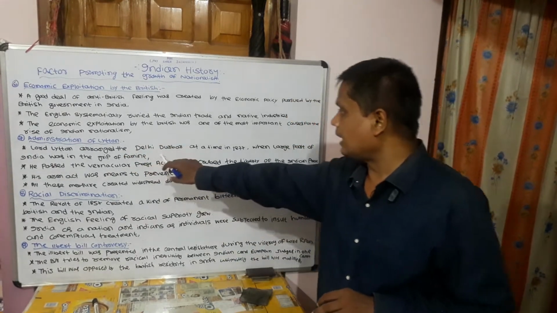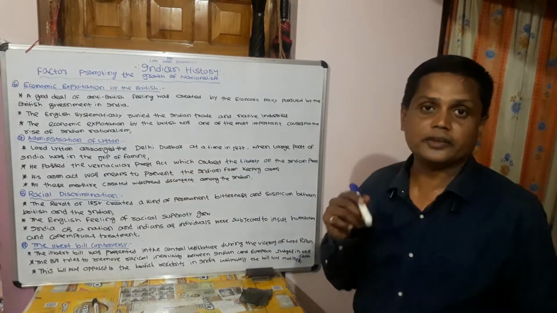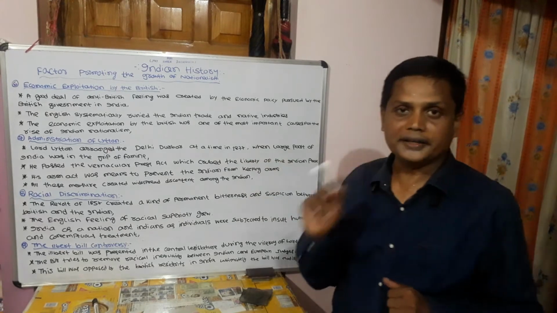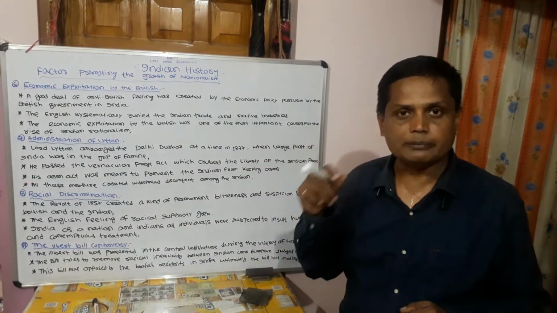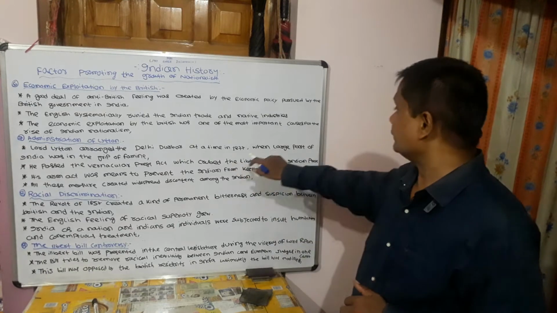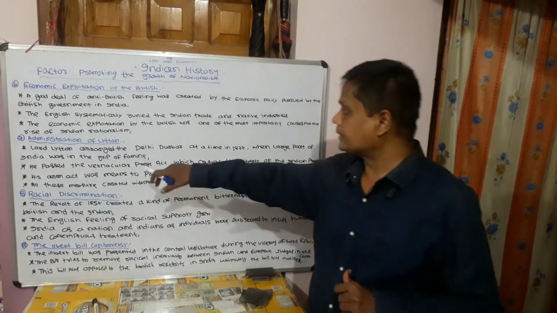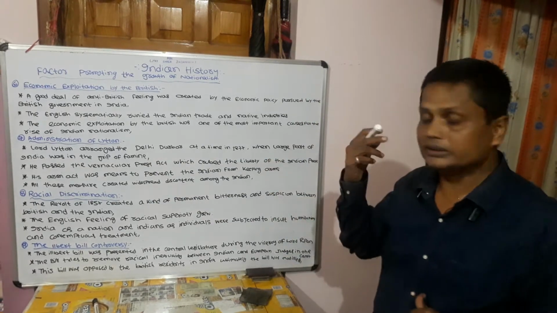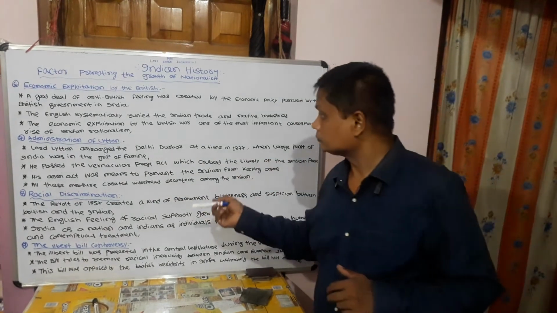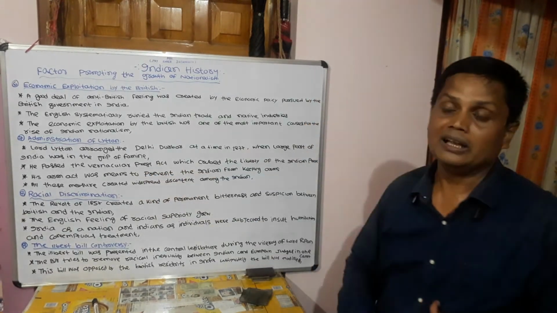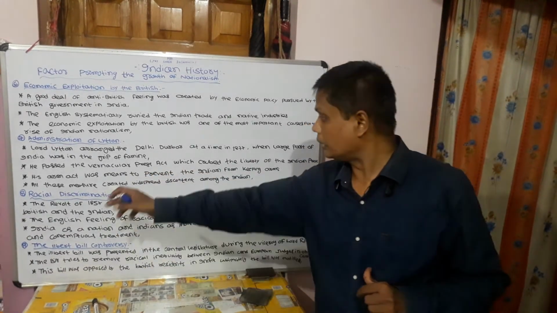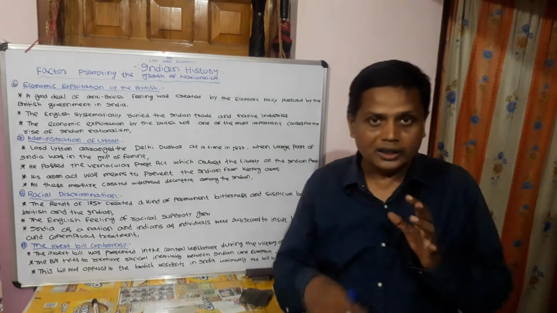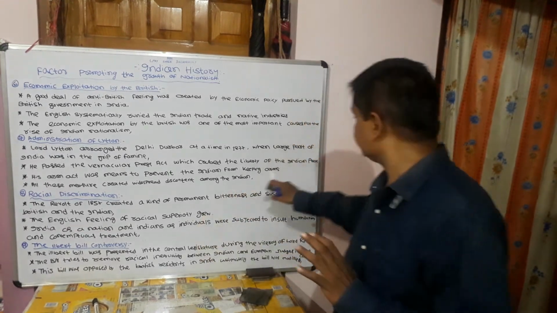Next, the administration of Lytton. Lord Lytton arranged the Delhi Durbar in 1877, when a large part of India was in the grip of famine. He passed the Vernacular Press Act, which curtailed the liberty of the Indian press.